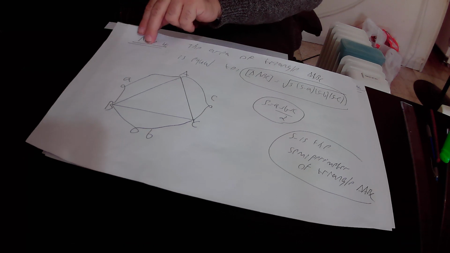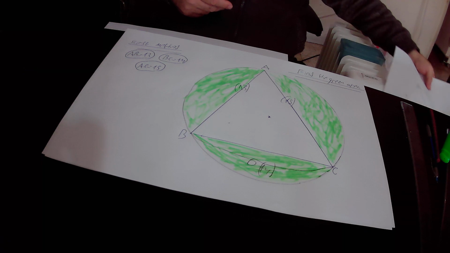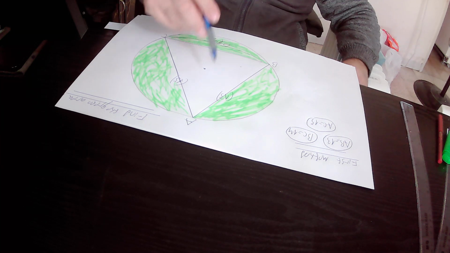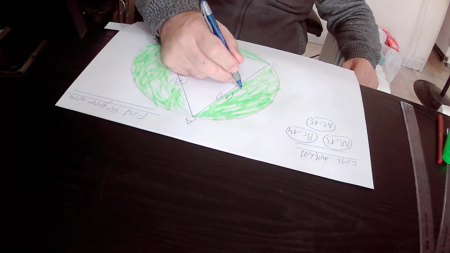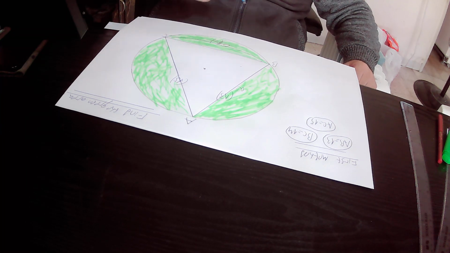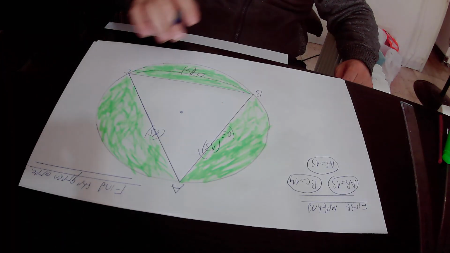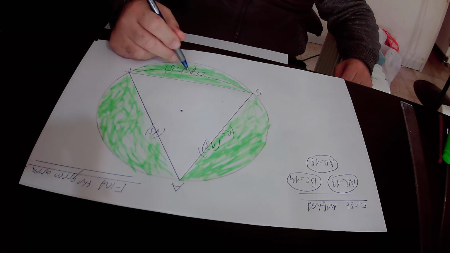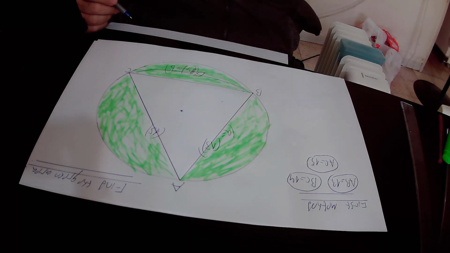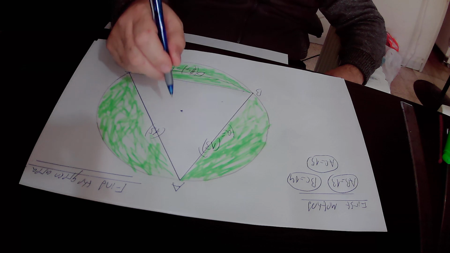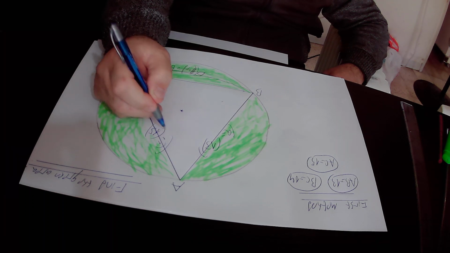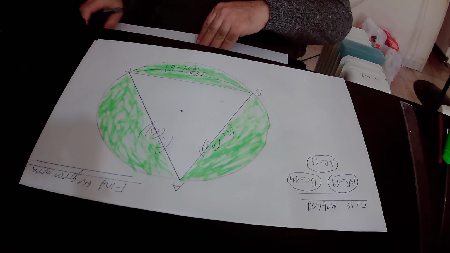So we can actually implement rule number 4 in our drawing. First of all, we define the length of side AB as A, and we know that A equals 13 units, so side AB equals 13 units in its length. We define the length of side BC as B, and we know that BC equals 14. We define the length of side AC of this triangle as C, and according to our definition, it equals 15 units. So I write it down.